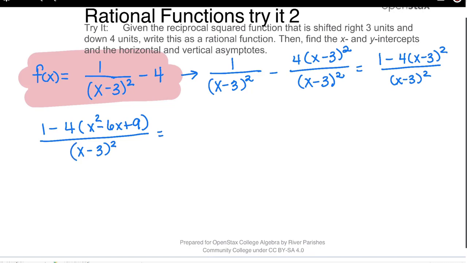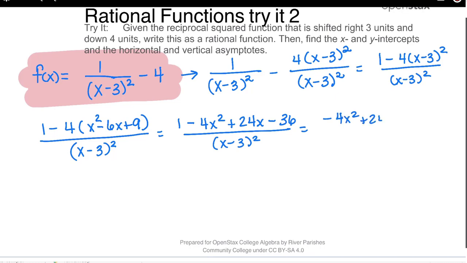Then if I distribute the negative 4, I get 1 minus 4x squared. I'm distributing a negative 4, so negative 4 times negative 6x would be positive 24x, minus 36, because 4 times 9 is 36. All still over x minus 3 squared. And that leaves negative 4x squared plus 24x minus 35 all over x minus 3 squared.